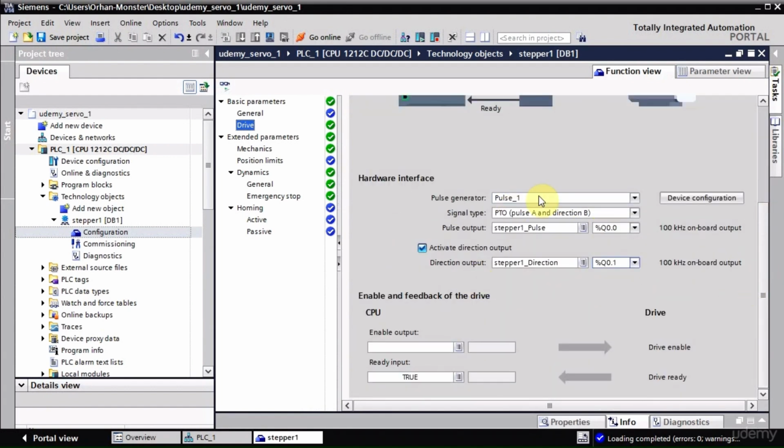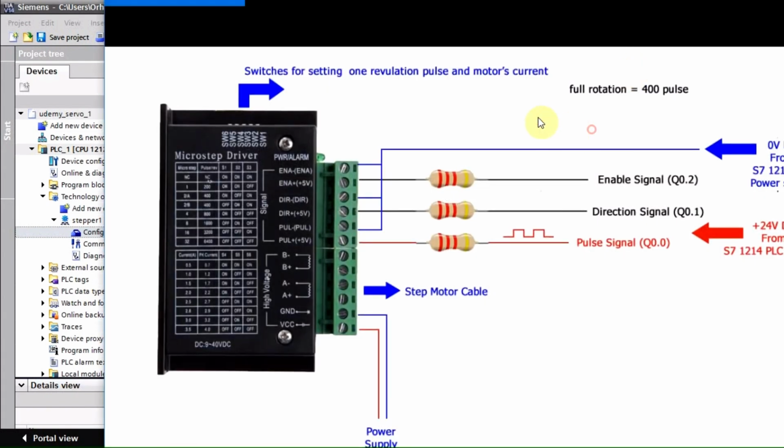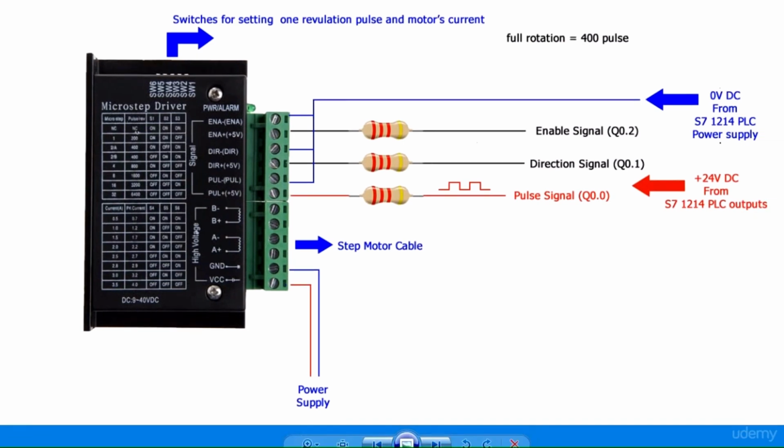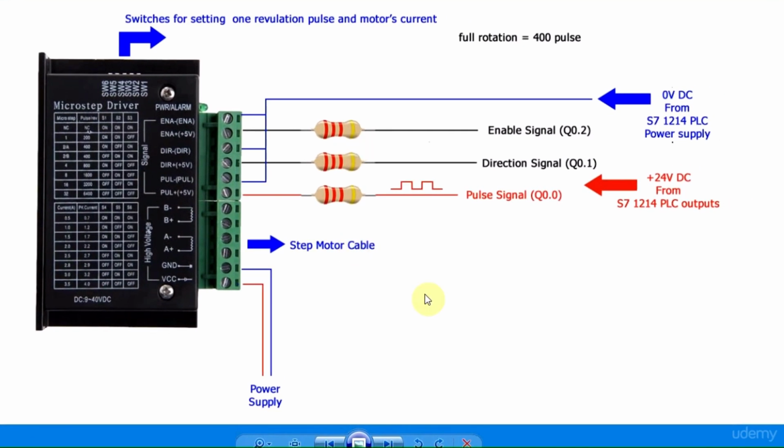In this system, I made a picture. Here you can see the connections. First of all, we will adjust the pulses per revolution and the motor current.